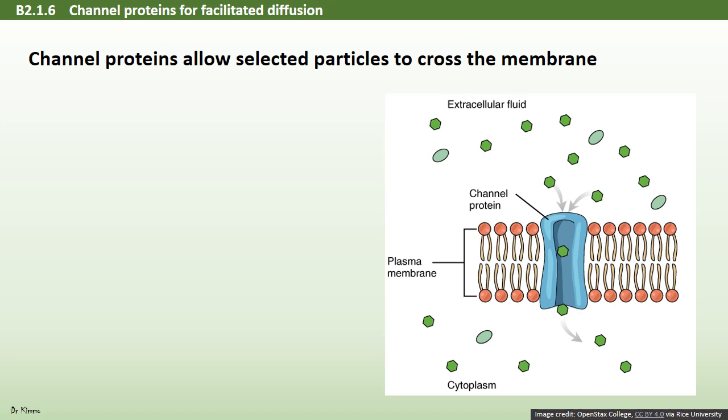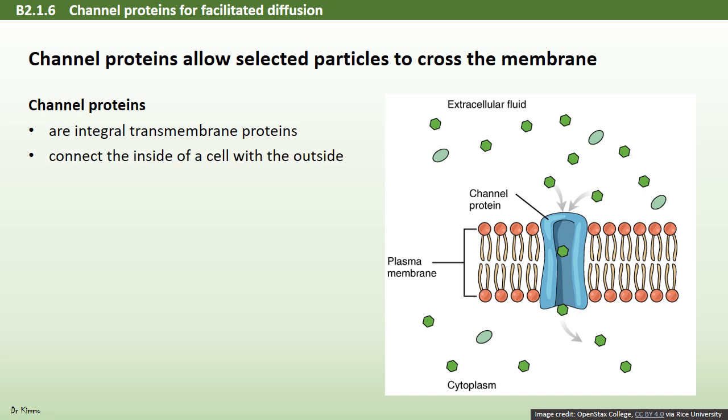There are also other channel proteins which allow selected particles to cross the membrane. They are integral transmembrane proteins, and they connect the inside of a cell with the outside. They allow certain particles to pass and are very selective.